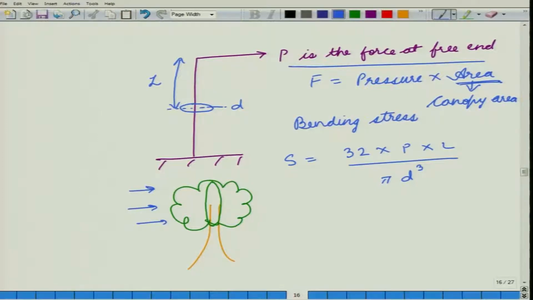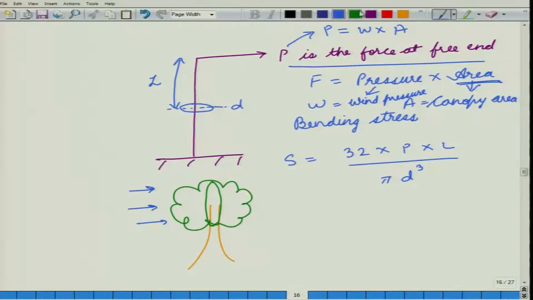So, we represent the wind pressure by W and the canopy area by A. In this case we will have P is equal to W times A.